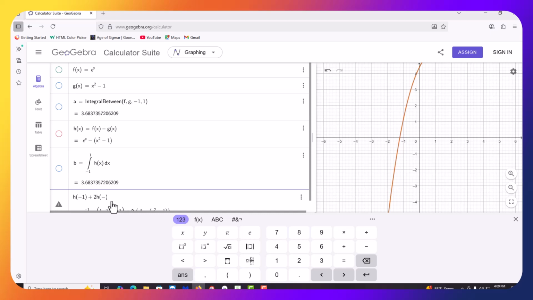I hit a division and I don't want to do that. 0 and 6/10 plus 2 times h of negative 0 and let's see, we're at 2/10. Now we're going to add another 2 heights because we're into the next trapezoid, and that's h of 2/10.